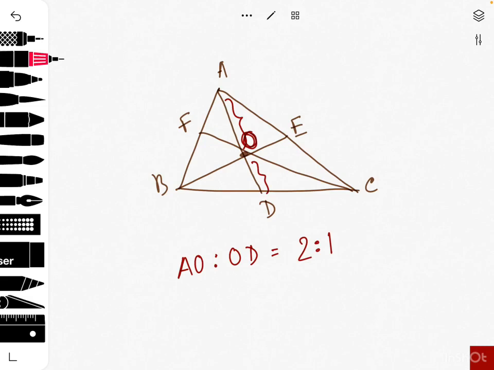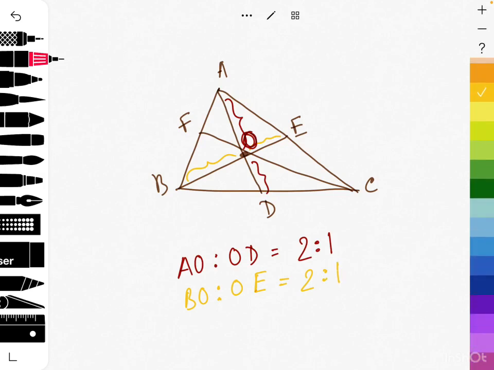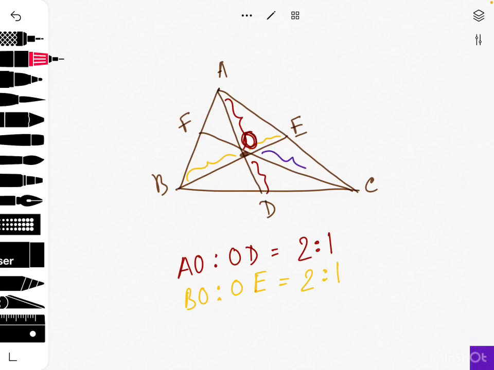Similarly, BO and OE will always be in a ratio 2:1, and similarly CO and OF, these two parts of the median CF, will be in a ratio 2:1.